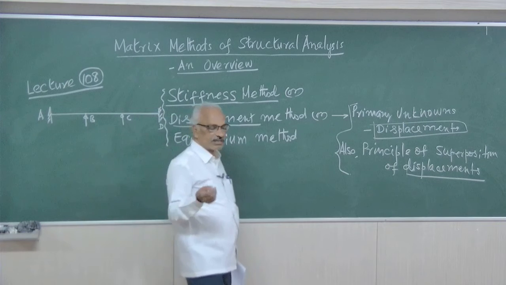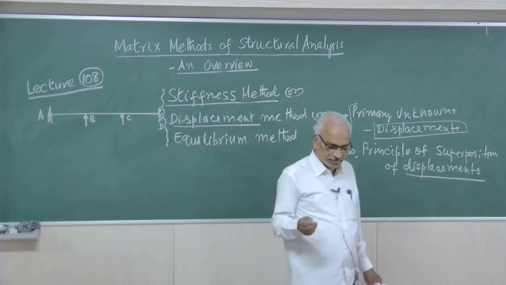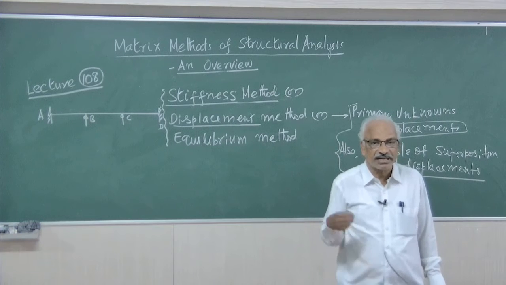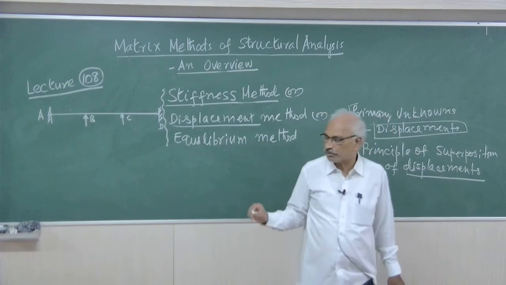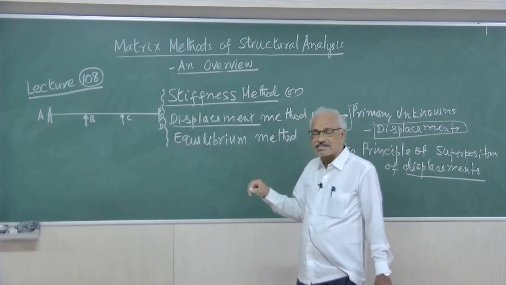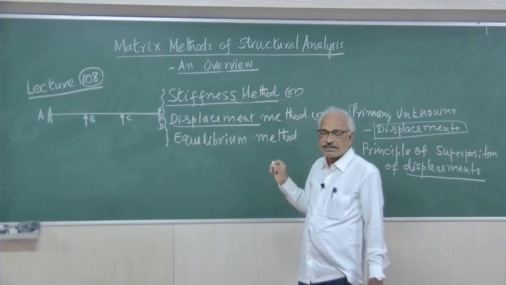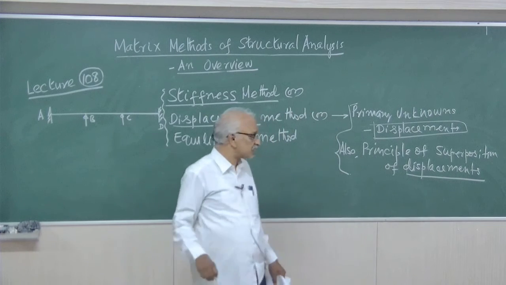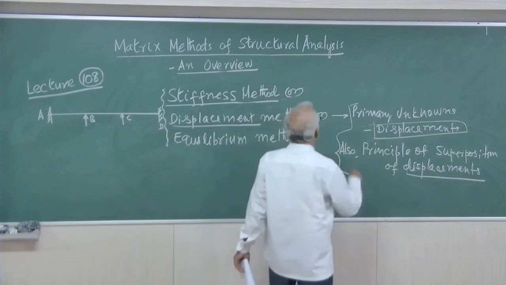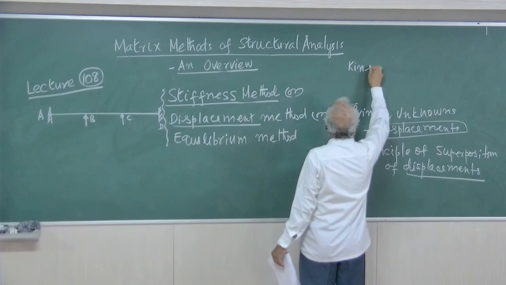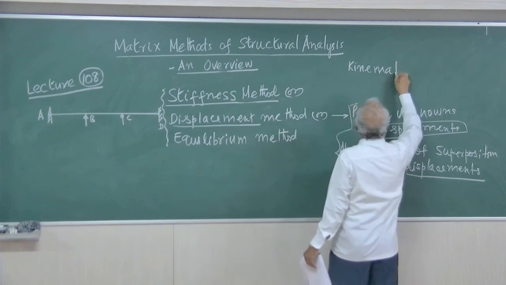Anyway, we have taken this one, nothing is a problem. You can take any example. It can be statically or kinematically determinate or indeterminate, no problem. Now here, as in the slope deflection method, this deals with the number of possible joint displacements, which is called the kinematic indeterminacy.